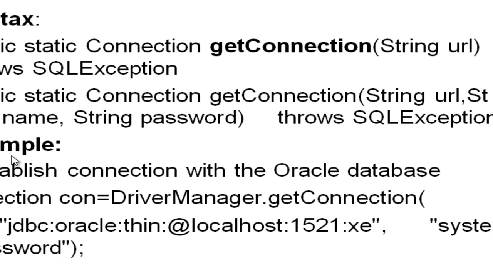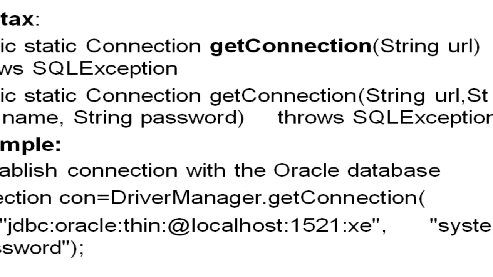Whenever you establish the connection, these are the 3 necessary parameters: first the URL, second the name, and third the password. Using URL, name, and password, you can establish the connection between the Java application and the database.